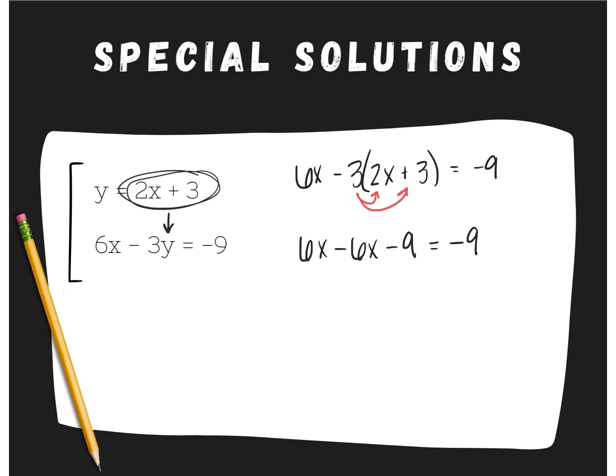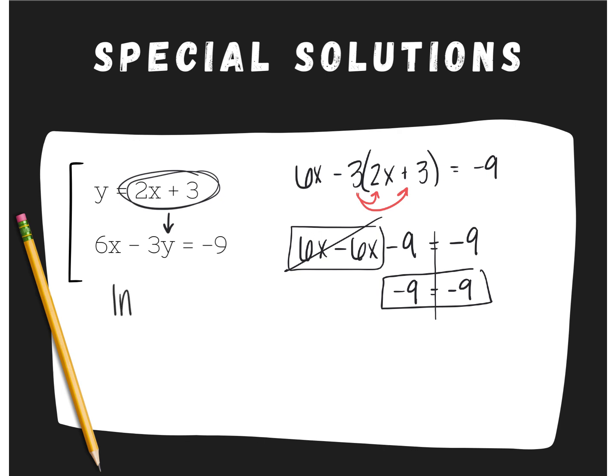And what I notice when I go to solve is that I've got some like terms that I can combine, but 6x minus 6x is 0x. So I'm left with negative 9 equal to negative 9. Now this is different from the last example where I got 2 things that were not equal. In this case, I got 2 things that are equal, and that tells me that this is an example of having infinitely many solutions.